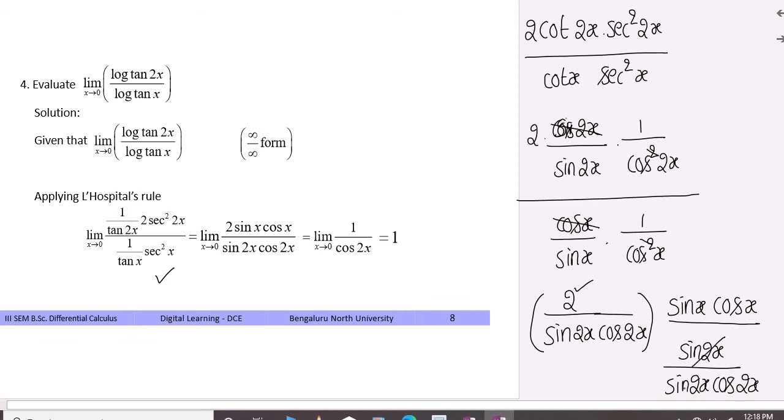Sin 2x gets cancelled. The remaining term is 1 by cos 2x. Now substitute x equal to 0, then 1 by cos of 2 times 0. 2 into 0 is 0, cos 0 is 1. 1 by 1 is 1.